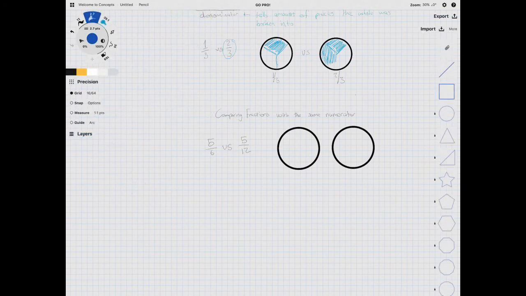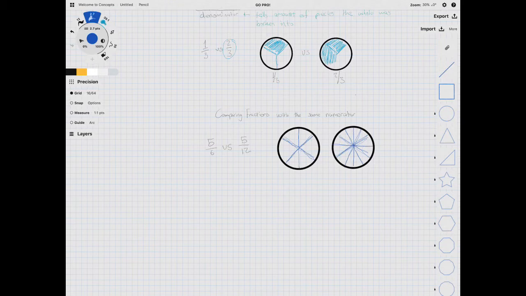So to cut this into 6 pieces, let's start off with thirds, and then we cut each of those thirds in half. So we've got 6 pieces here, and we're going to give this one 6 hopefully equally sized pieces also, and then we can cut that in half as well, so that we have 12 equally sized pieces.